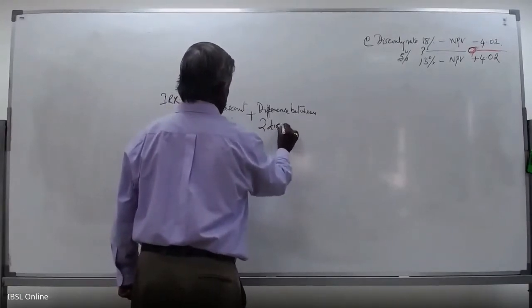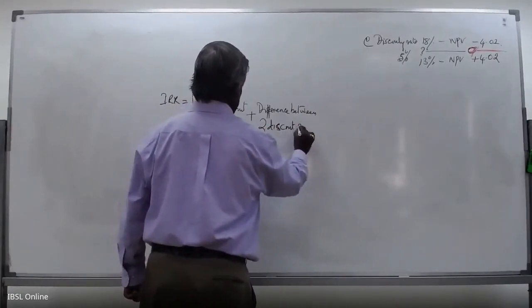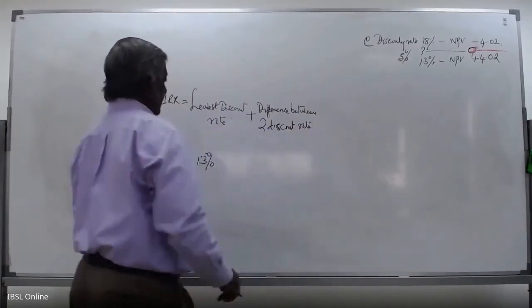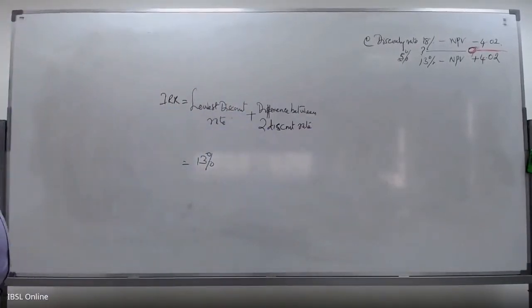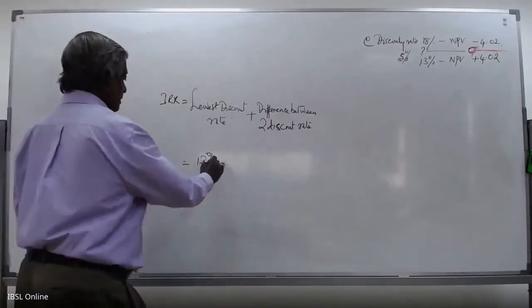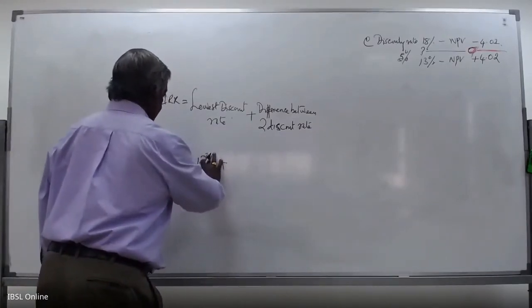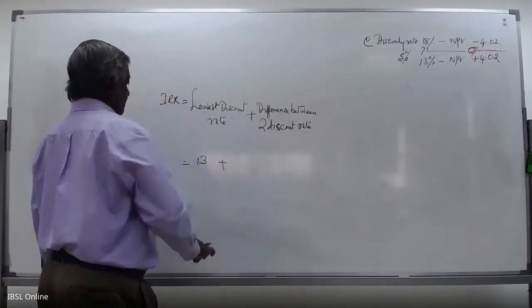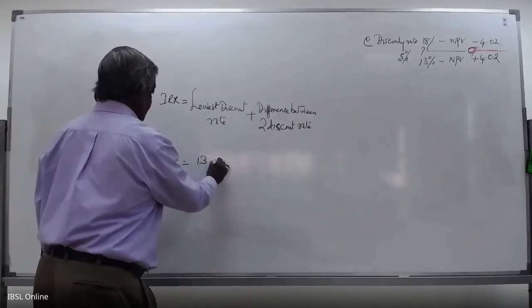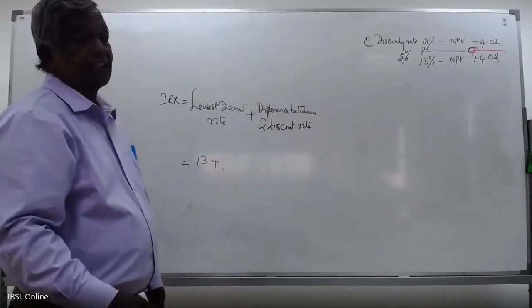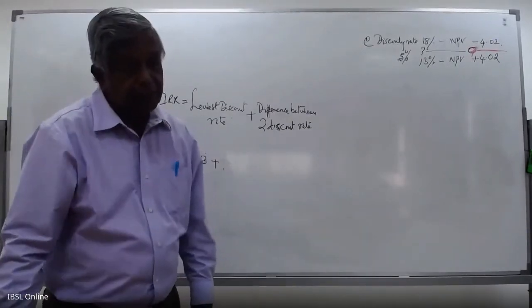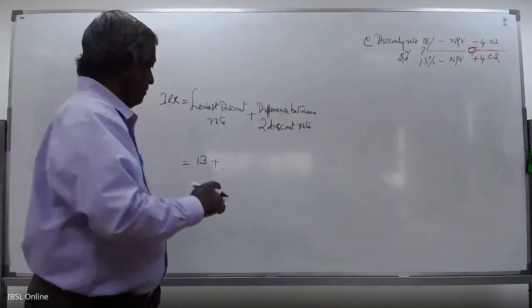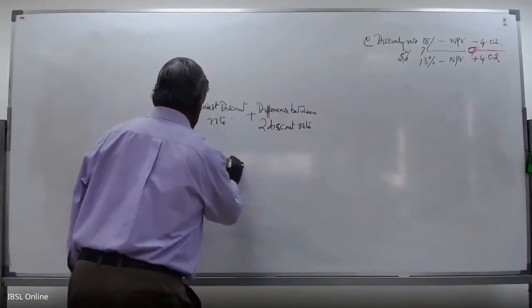The difference between the two discount rates, one is 18 and the other is 13, is 5.